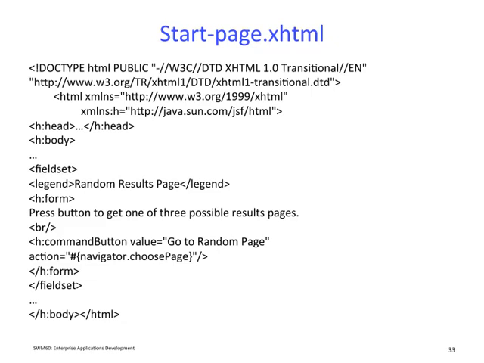So when you click on the button, the action is to call choosePage of the object navigator. choosePage will be executed, and then close the form, close the field set, and close the body. So this is a simple JavaServer Faces page.